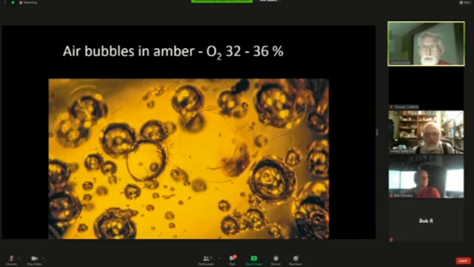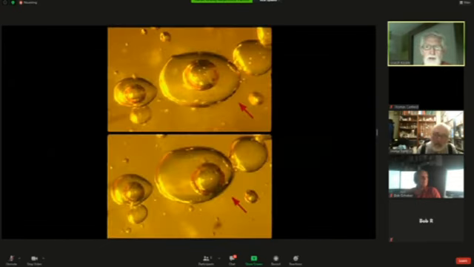And analysis of some 400 specimens of air bubbles in amber show that the oxygen percentage is in the 32 to 36% range, which is significantly higher, up to 50% higher than atmospheric oxygen, which we know is 21% oxygen.